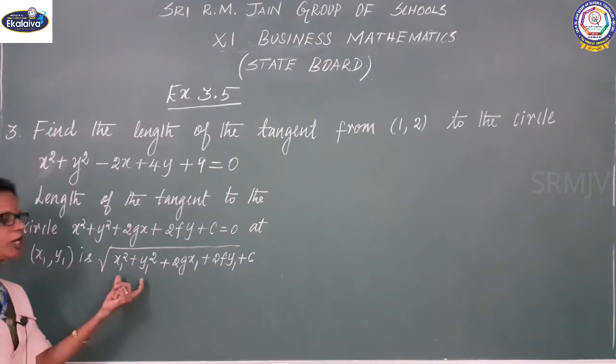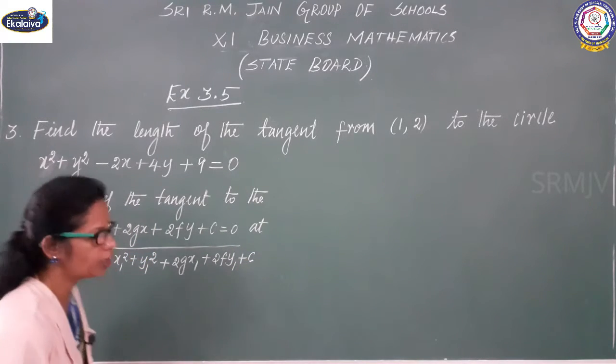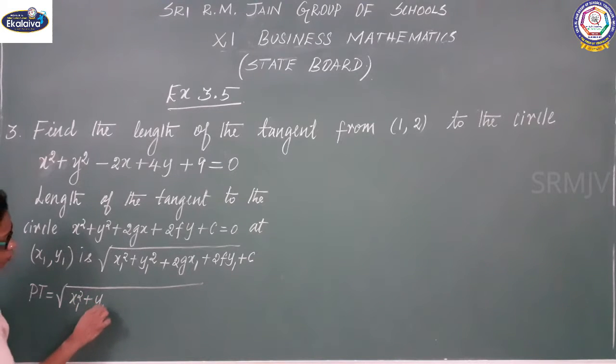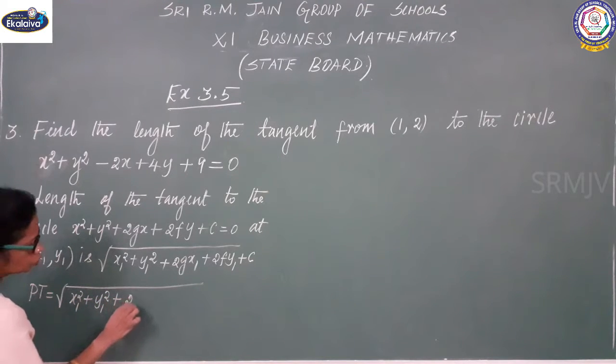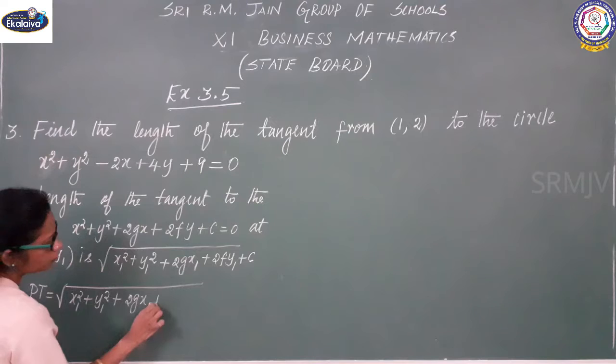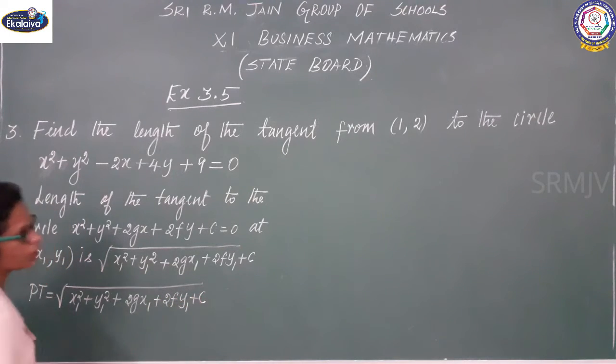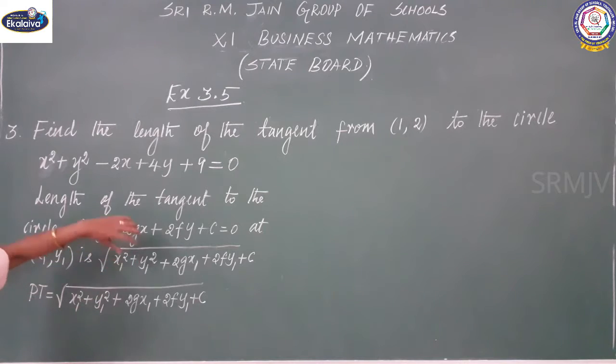This one we name it as PT. PT is equal to square root of x1 square plus y1 square plus 2gx1 plus 2fy1 plus c. Now you are going to relate the given equation to the general.